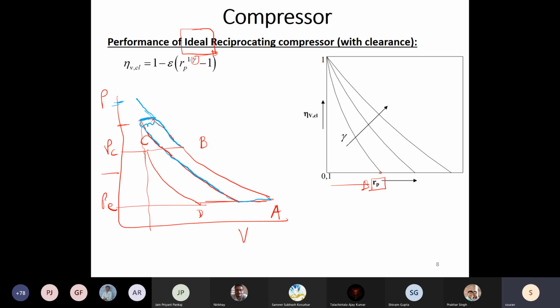Here, even if I reach the top dead center, I barely reach my condensing pressure. From there, my piston will move down towards the bottom dead center, so whatever gas was trapped gets re-expanded. By the time I reach my bottom dead center, my pressure goes to P evaporator. So my valves will never open, neither the discharge valve nor the suction valve, in this limiting case.